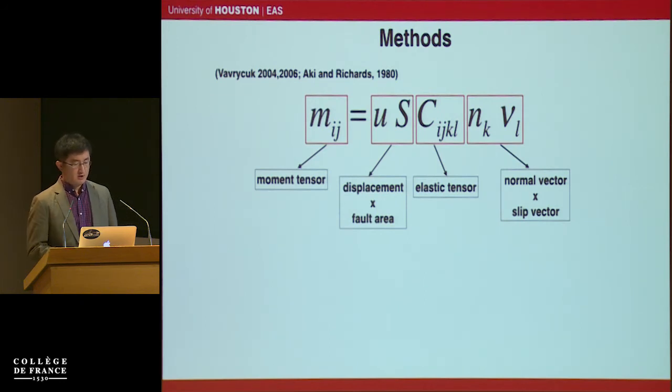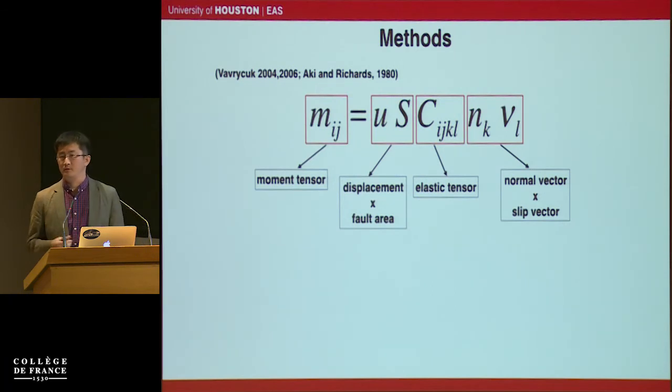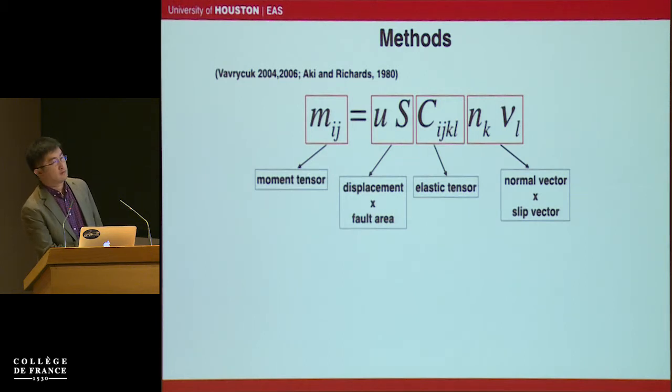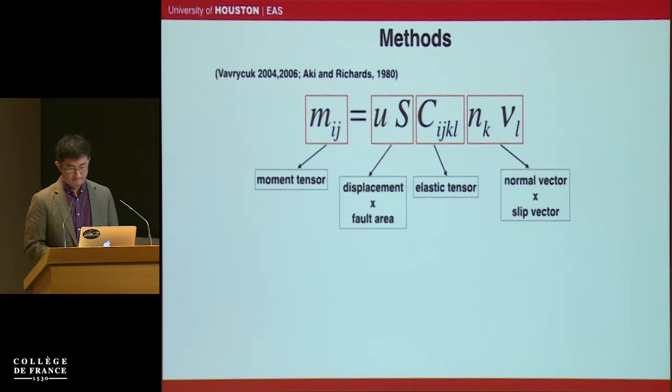So the goal is we're going to have a bunch of moment tensors, hopefully clustered in a small region, a lot of earthquakes. The moment tensors are all different, which means they have different slip vectors and fault normal vectors. But we're going to invert a common elastic tensor, which has the anisotropy.